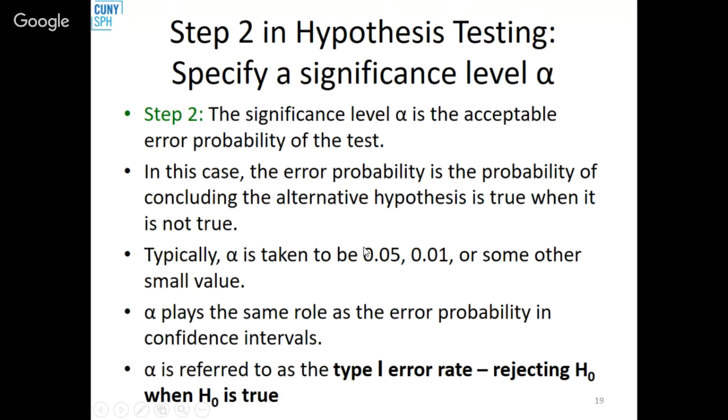So it is kind of arbitrary, but traditionally 0.05 is the most common value. And typically it's taken to be something small. And that is done under the assumption that you want to protect from this type 1 error of falsely concluding that the alternative hypothesis is true, that your data is giving you evidence of something that it is not.